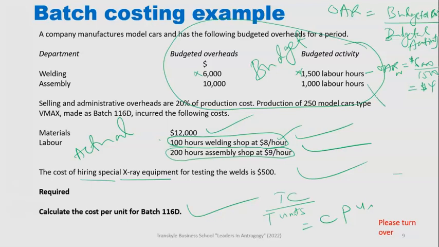Then we do the overhead absorption rate for the assembly: total cost of $10,000 divided by 1,000. So you can see that the overhead absorption rate was $10.